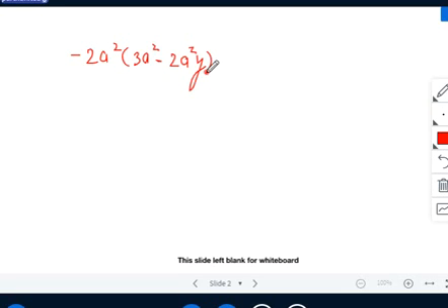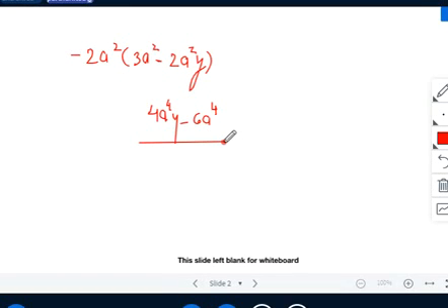Minus 2a squared multiplied by 3a squared is minus 6a squared... no, then it'll be 4a squared y. So minus 6a to the power of 4 plus 4a to the power of 4 y. It's 4a to the power 4 y minus 6a to the power of 4.